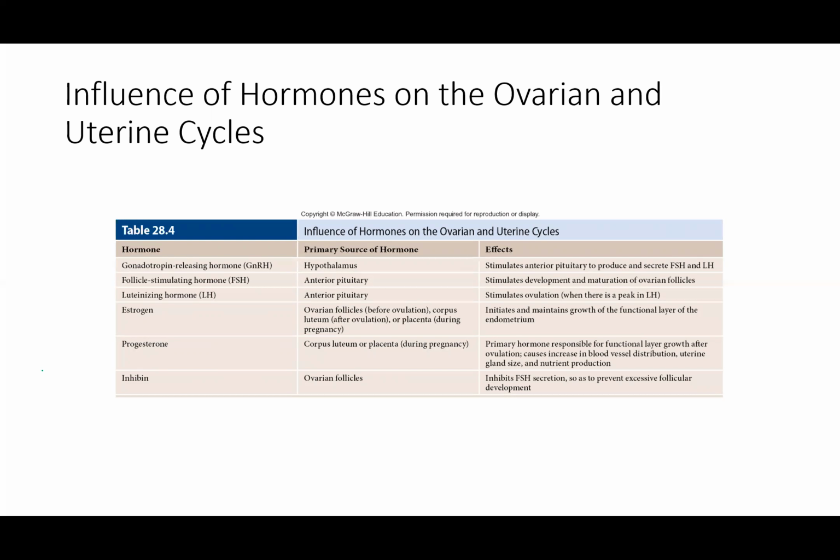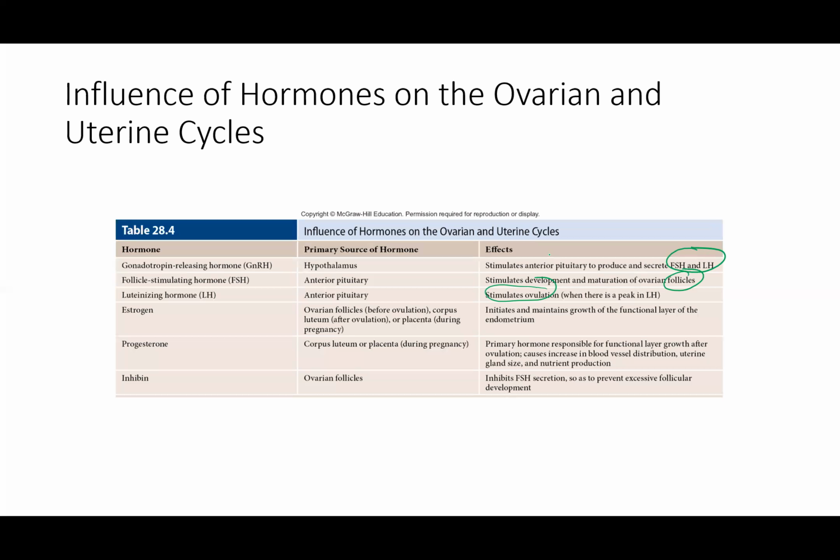All right. So as mentioned a minute ago, the anterior pituitary releases the follicle stimulating hormone and the luteinizing hormone. Okay. And the follicle stimulating hormone is designed to mature the follicles, thus the word follicle stimulating. And the luteinizing hormone helps to stimulate ovulation.